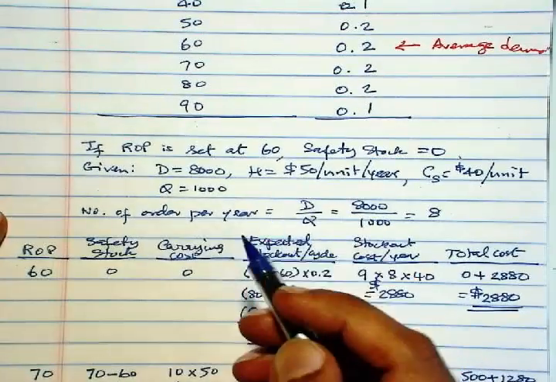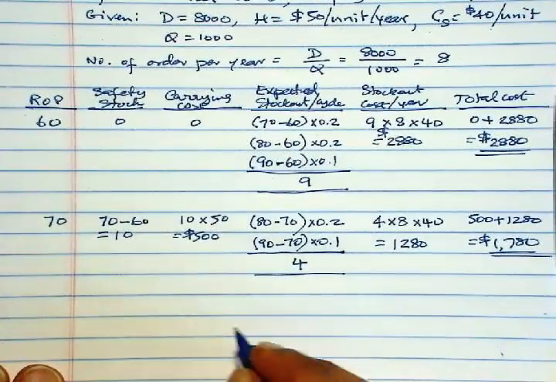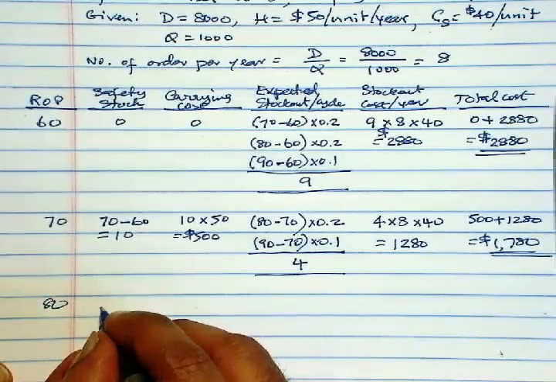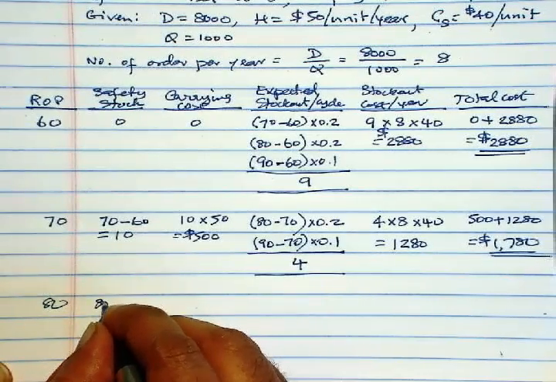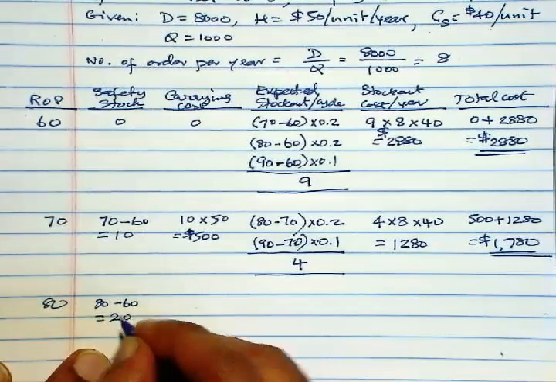Now let's look at 80. So we set the ROP at 80 units. Okay. So then safety stock is 80 minus 60 is equal to 20.